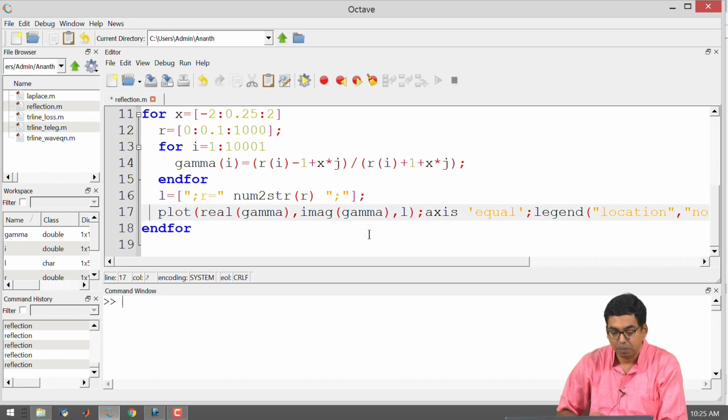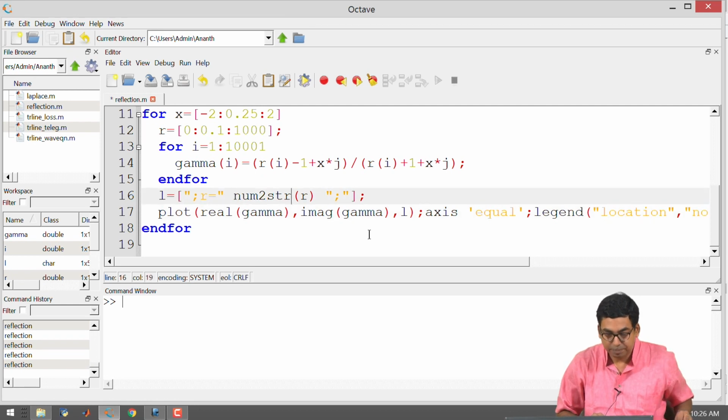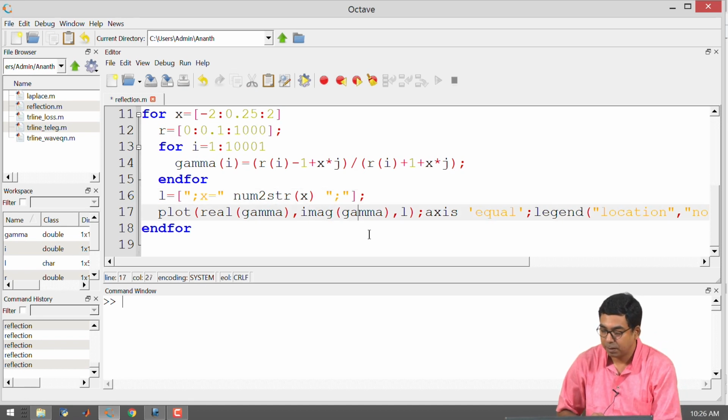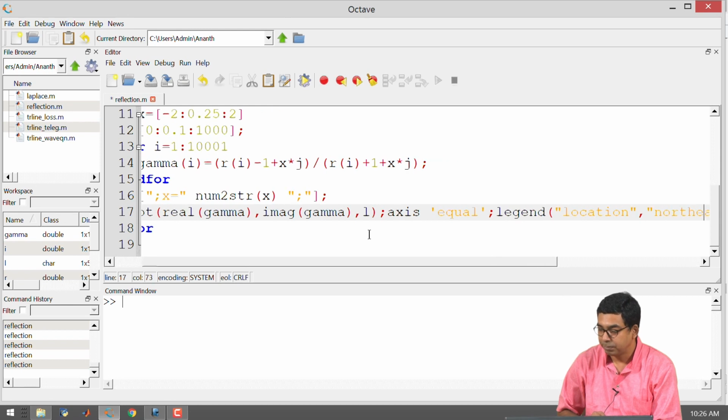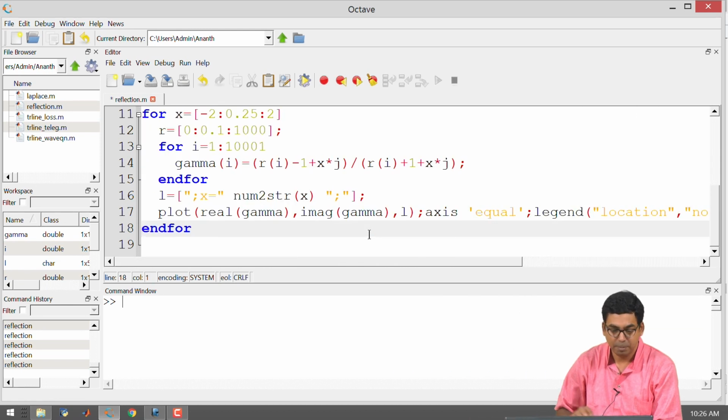And I want to be able to plot real part of gamma, imaginary part of gamma with some string. Here the value of x is changing, so I am changing the legend string to reflect that, right. Okay.